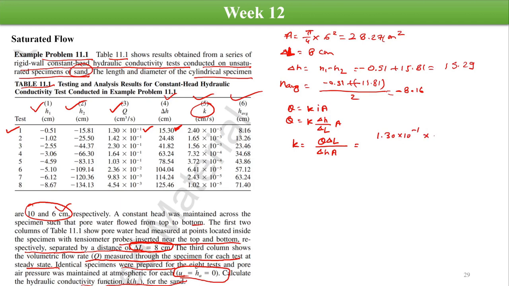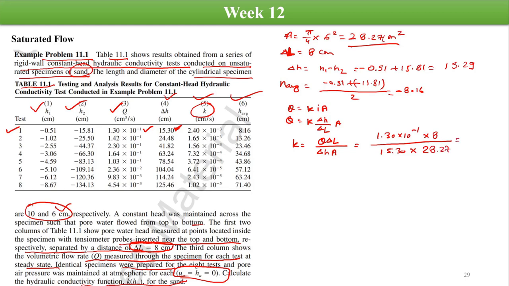The value of delta L is 8 centimeters. Everything is in centimeter and second. Value of delta H we have found out 15.30 in centimeter, and the value of A we have become in here as 28.27 centimeters square.